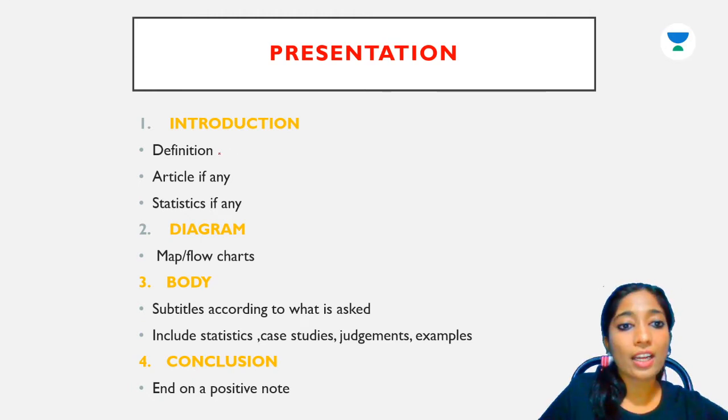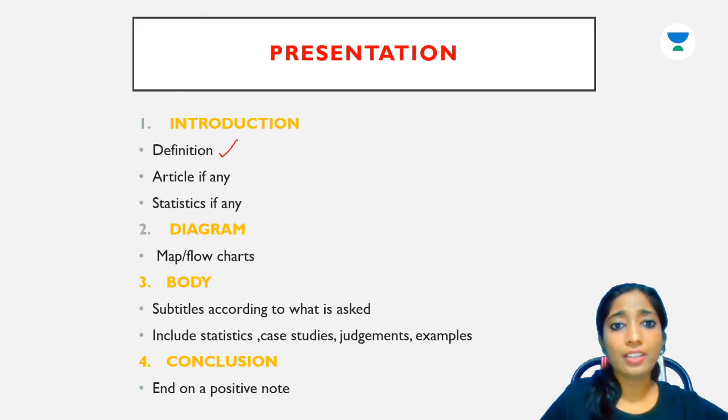So you can either go for a definition. If something is being asked about CAG, Controller and Auditor General, you can just mention the role of CAG. What is his major role? And regarding polity or any paper, like even gender studies, other papers, if any article you can include, very well and good. Don't think that articles have to be presented only in the GS2 paper.